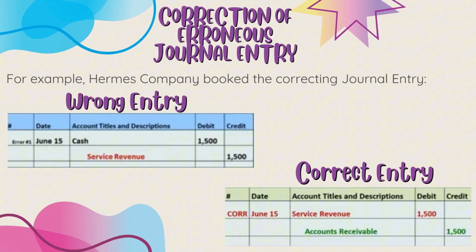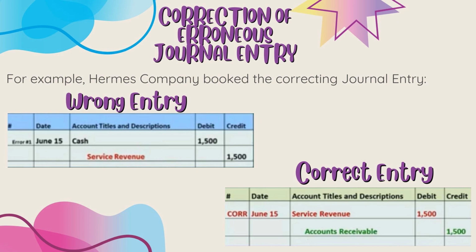Okay, so let us proceed to correction of erroneous journal entry. So it could not be avoided sometimes that errors will occur in recording transactions. So how are these errors being corrected? For example, Henry's company booked the correcting journal entry.